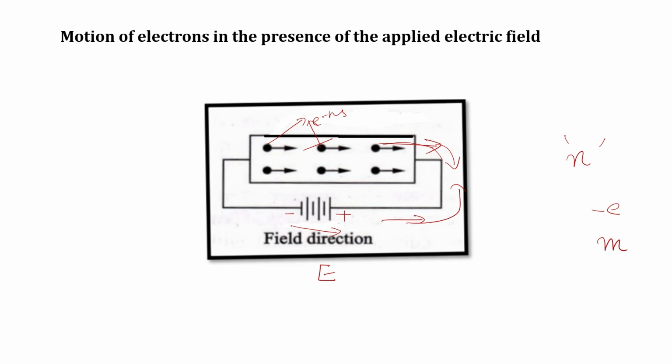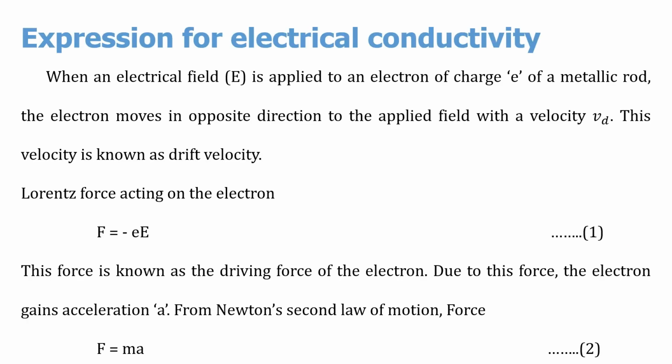Here, the motion of the electrons is called drift motion, and the velocity acquired by the free electrons because of the applied electrical field is called drift velocity. It is given by the symbol V subscript D.